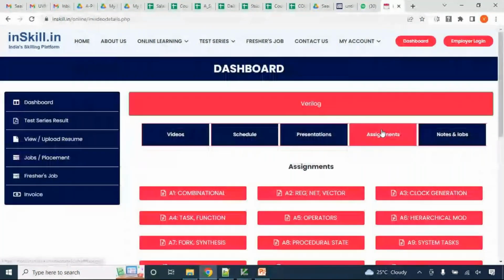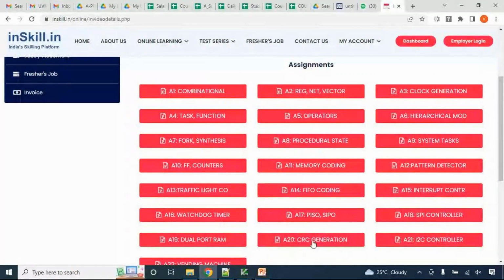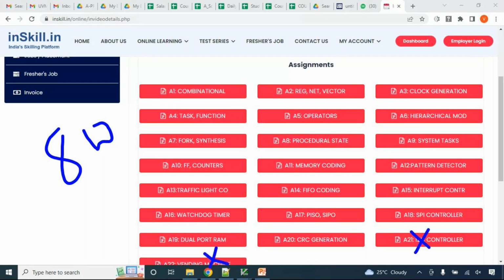The course will have close to 22 assignments, which need to be completed in an 8 weeks duration. You can say 20 assignments. Every assignment will be quite detailed.